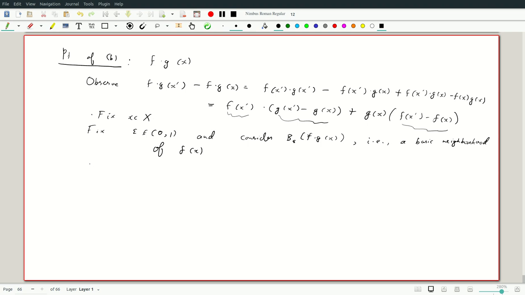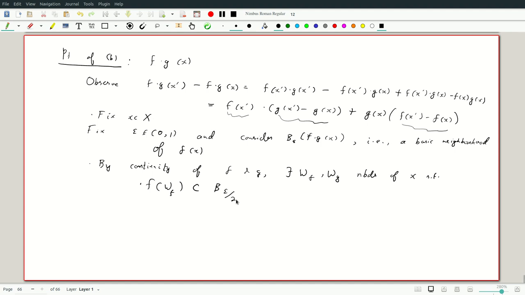So we'll control these things by saying, by continuity of f and g. Okay, so there exist WF, WG neighborhoods of x such that f of WF is contained in the ball of radius epsilon by 2 into, well, let's take the opposite, 1 plus g of x.